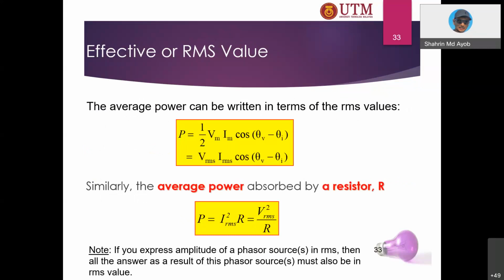Now I want to connect the RMS values with the power calculation.